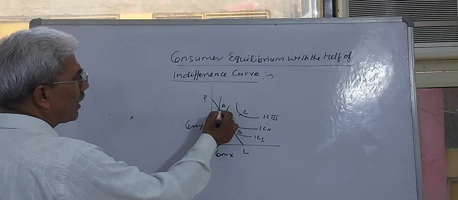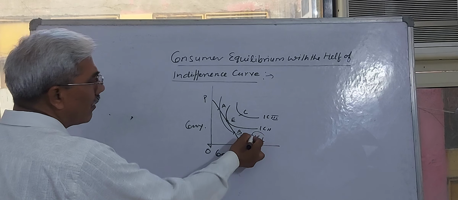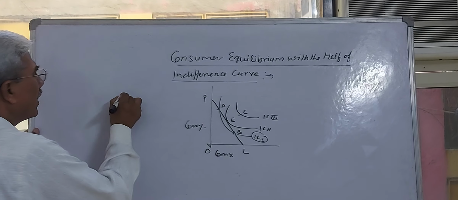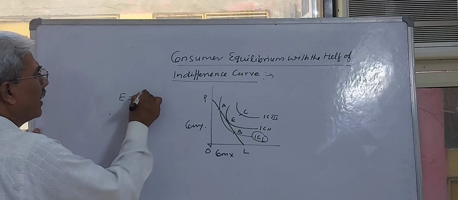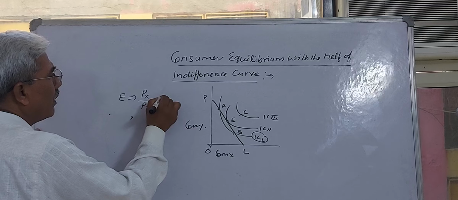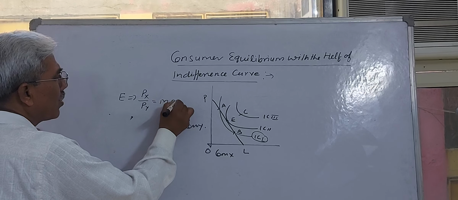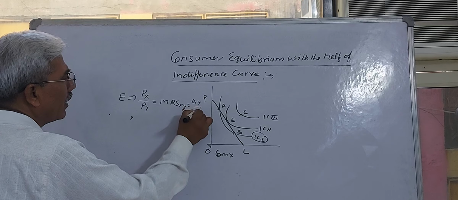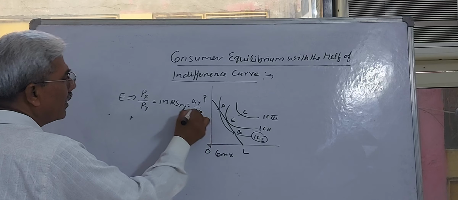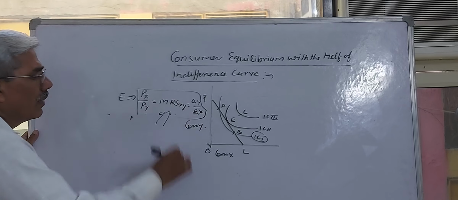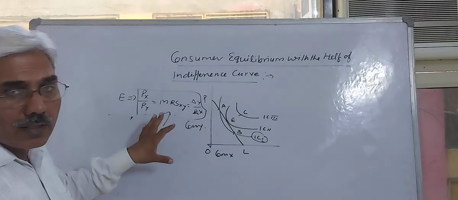Points B and A are on a lower indifference curve, so they give lower satisfaction. It means the consumer will be in equilibrium at point E where the slope of the price line, Px upon Py, is equal to the marginal rate of substitution of X for Y, which is delta y upon delta x.